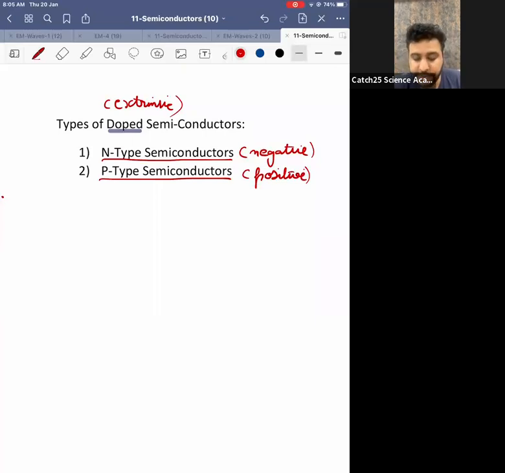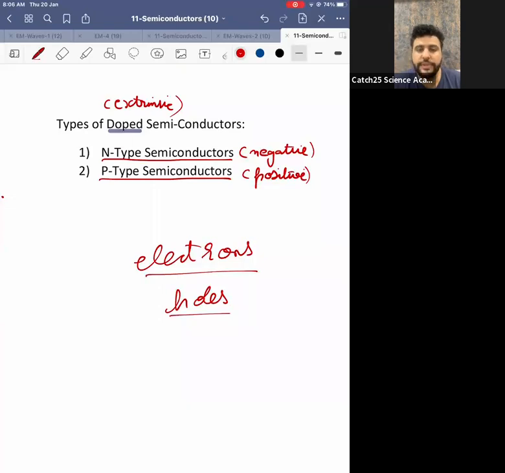But in semiconductors, we have something called electrons and holes. Look at the screen. In normal conductors, I have electrons and protons. But in semiconductors, I have electrons and holes.